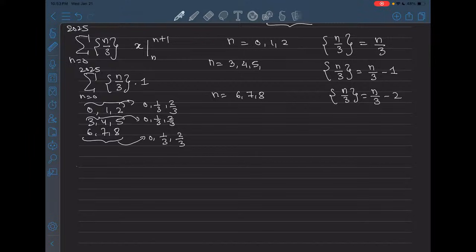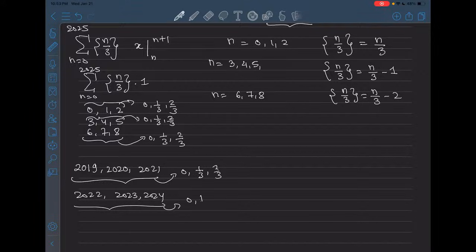So we know that 2019 is a multiple of 3, right? So 2019, 2020, 2021 will also have fractional parts 0, 1/3, 2/3. And then 2022, 2023, 2024 will also have 0, 1/3, 2/3. And then 2025, this one will have 0, right?